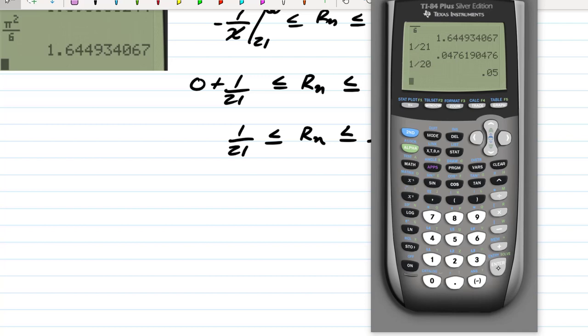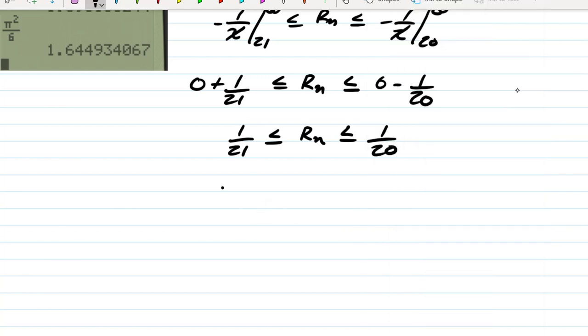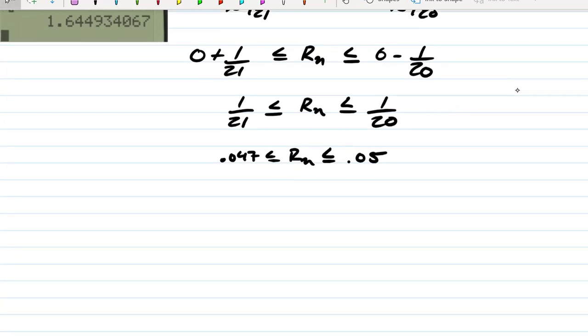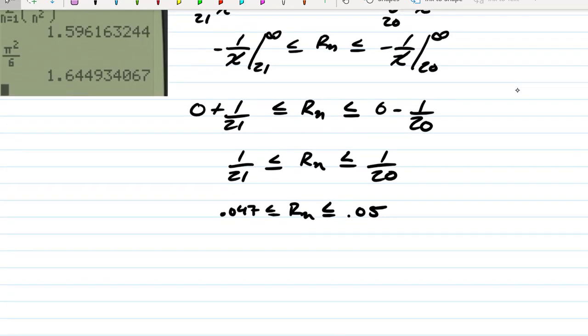And so we know that the error in our series, or the remainder of our series, is somewhere between 0.047 is less than Rn is less than 0.05. Okay, so that means that the remainder of our series is somewhere in between those two numbers.